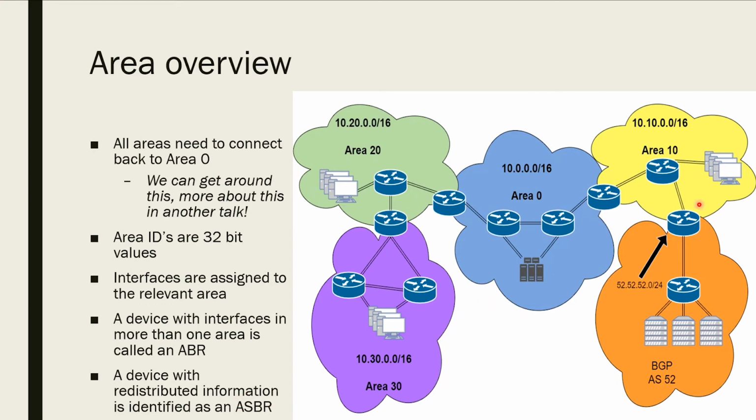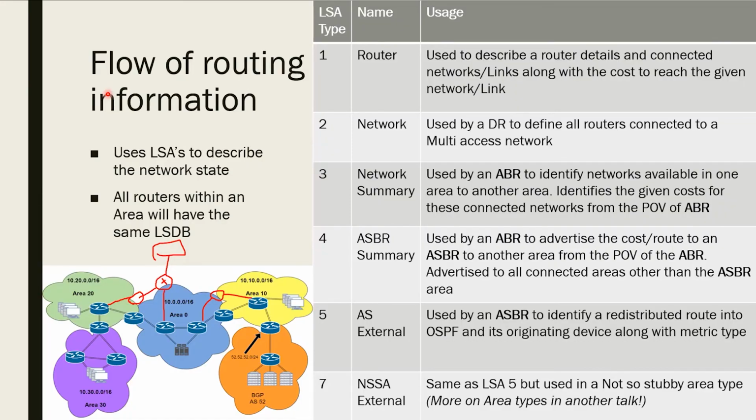Autonomous systems effectively identify a logical grouping of networks. In this case, it's the OSPF domain connecting into a BGP domain. So yes, this would become an ASBR, and that would be highlighted in one of the LSAs that we send out.